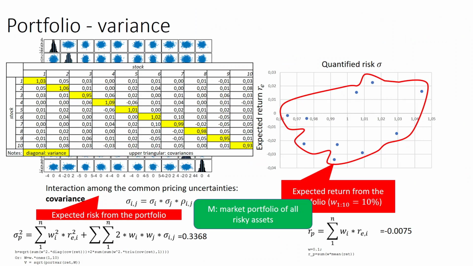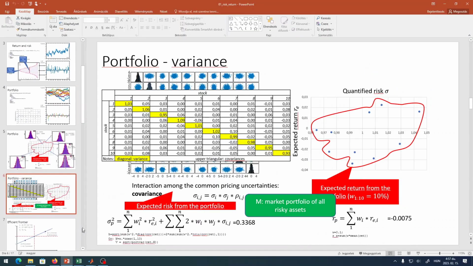But at the level of the variance of the portfolio, this is where things can go sideways, because obviously now we have, okay, it's a mistake, so it's not squares.